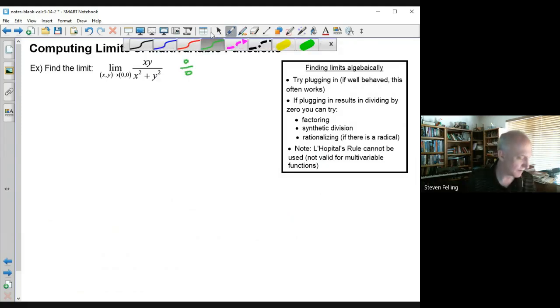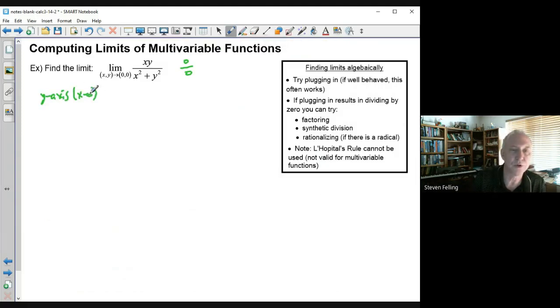So maybe for this one, we can try our y-axis first. That's x equals 0. And so we would get the limit as (x,y) approaches (0,0) of, let's see, if I make x 0, I'll have 0, and then this will be 0 over y squared. And that's actually equal to 0, right? That's not undefined because since we're only approaching 0, y is not actually quite 0. It's close to 0, but it's not 0.